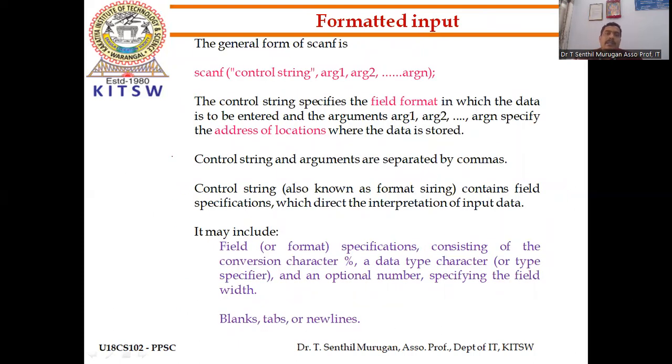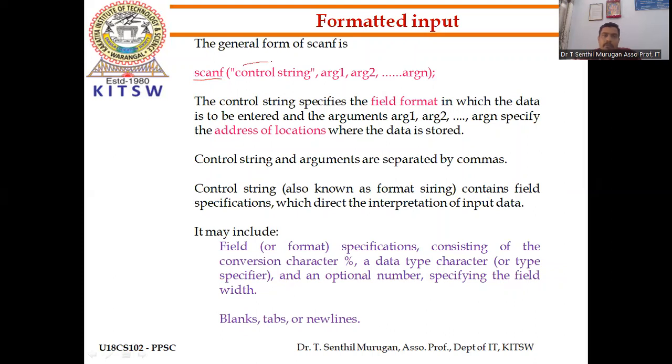So how can we write the scanf? The syntax means the general form. Scanf is the predefined function, scan formatted, and within double quotes you give the control string, that means the format specifiers.